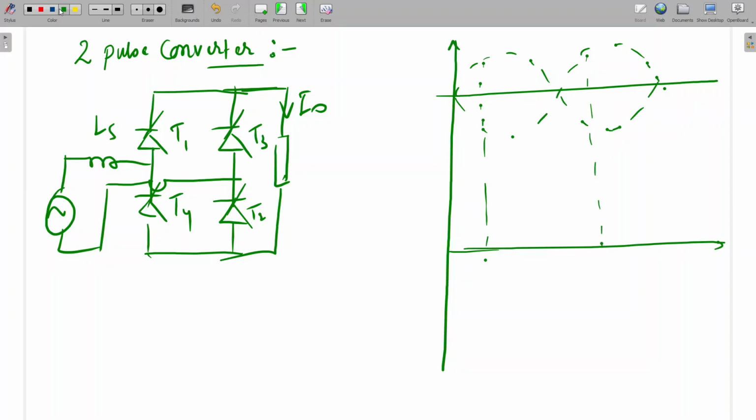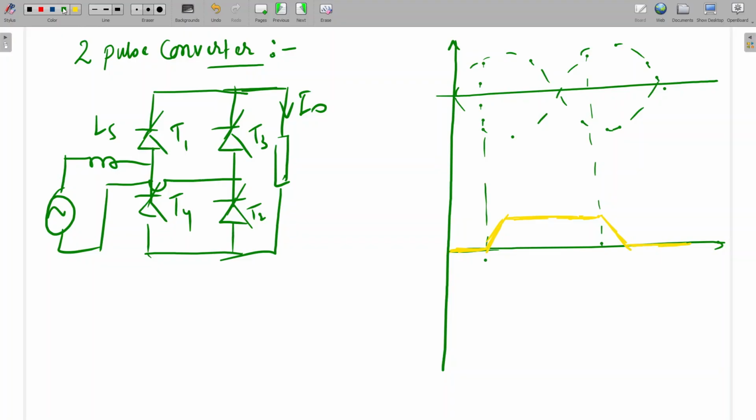So after alpha, what will happen? T1, T2 will be 0 previously. First I am going to draw the T1, T2 current. So T1, T2 will be 0 here, and it will go from 0 to I naught. Again, from here, it will go from I naught to 0.